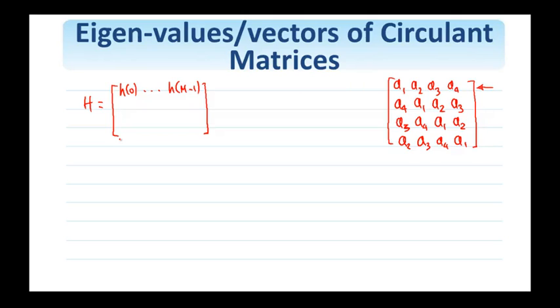This is so because, let me first denote by lambda and w its eigenvalues and eigenvectors: the w's are the eigenvectors and lambda are the eigenvalues. The eigenvectors of any circulant matrix are known in advance. The nth eigenvector is equal to this.